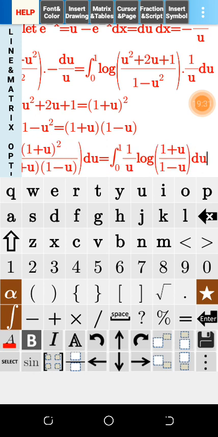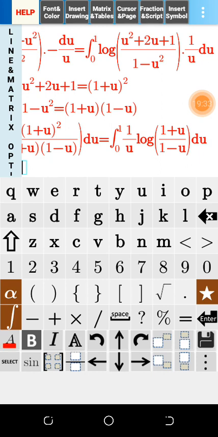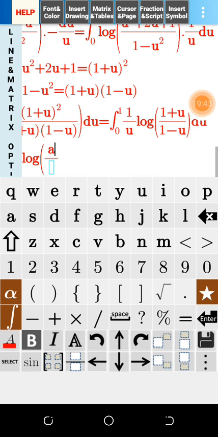So we are almost through. Using the log rule, log of a over b is the same thing as log a minus log b. That's what we do there.